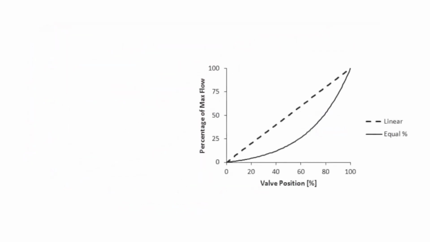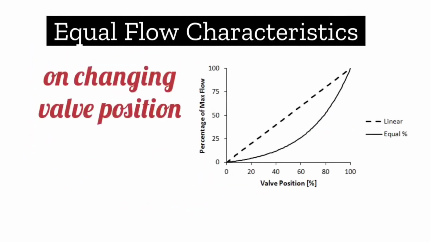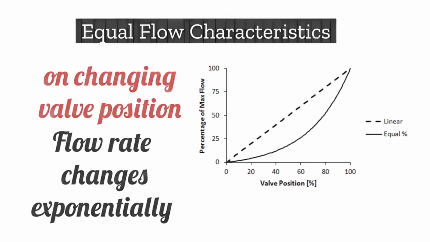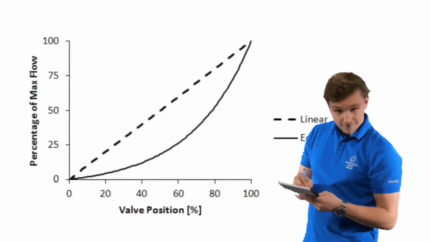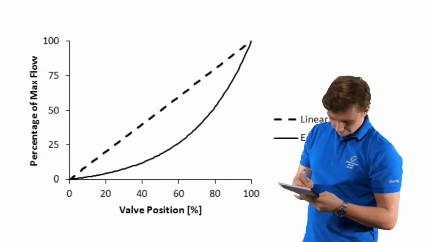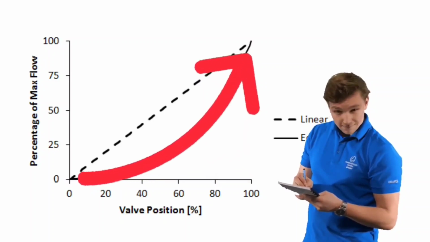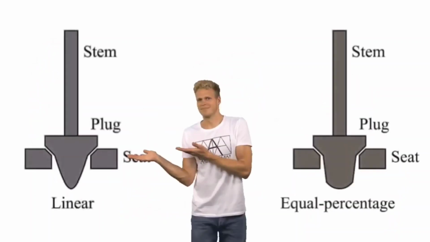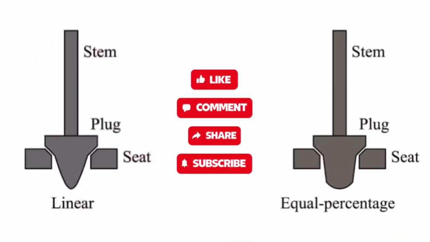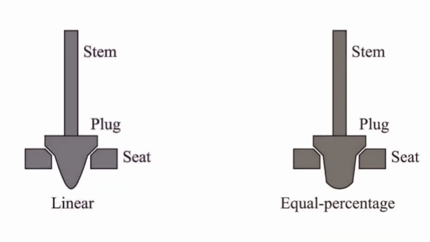While in equal percentage flow characteristic, flow rate changes exponentially. In equal percentage characteristic, the graph between valve opening percentage and maximum percentage flow is exponential. The shape of the valve plug is also different in linear and equal percentage characteristic.